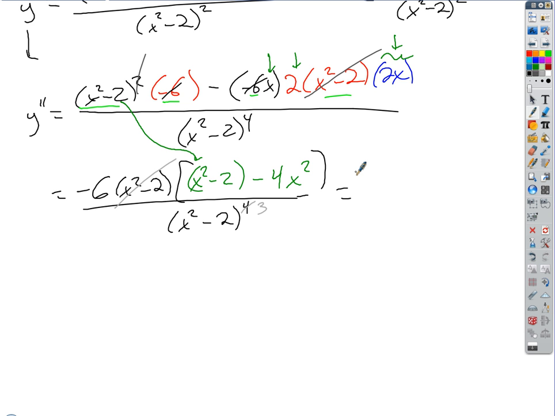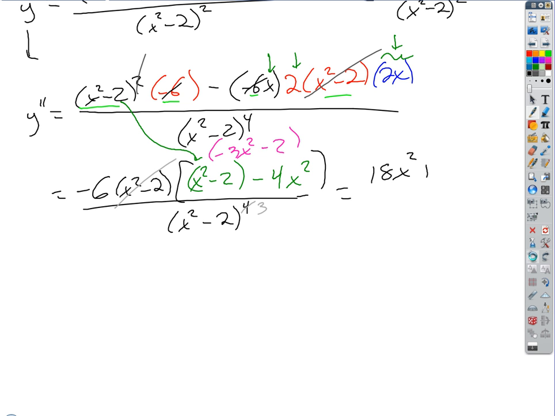So what's in here? This is going to give me -3x squared minus 2 times -6. And there's really no reason to distribute the 6. That was kind of dumb.